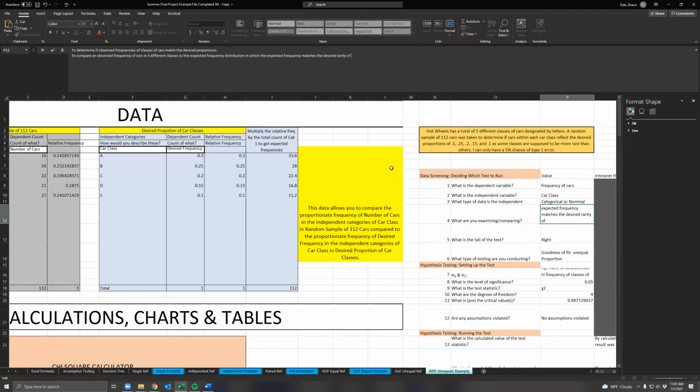Let's do rarity of cars. Okay. In other words, Hot Wheels wants it to have a certain rarity. Okay.